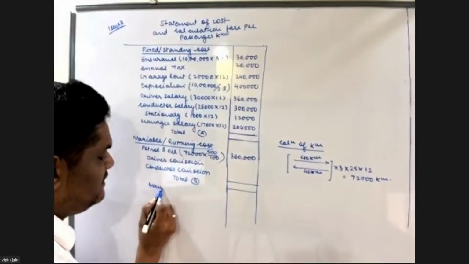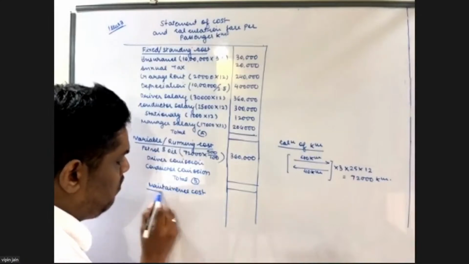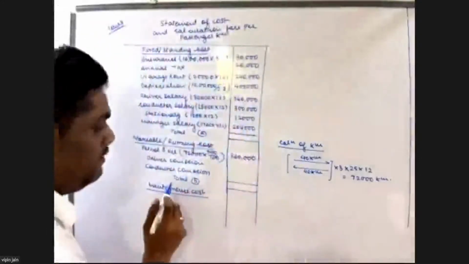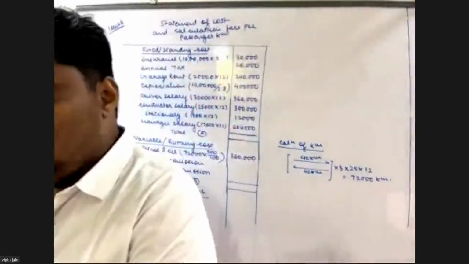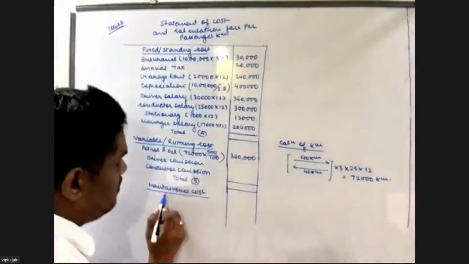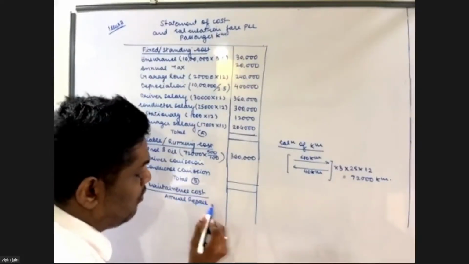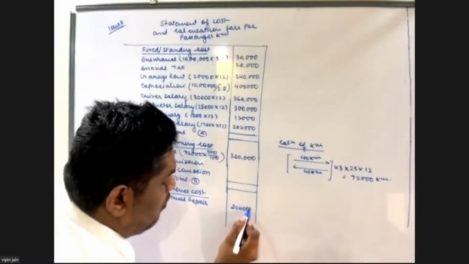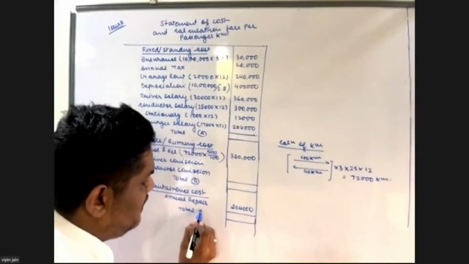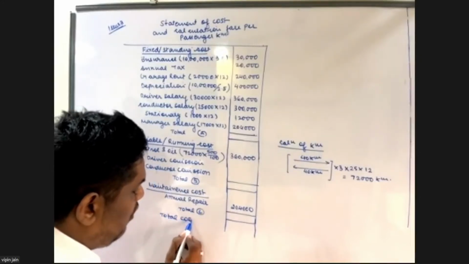Now next is maintenance cost. In this, annual repairs are given, that is 2,04,000. This will be total C, and this is how we'll calculate the total cost.